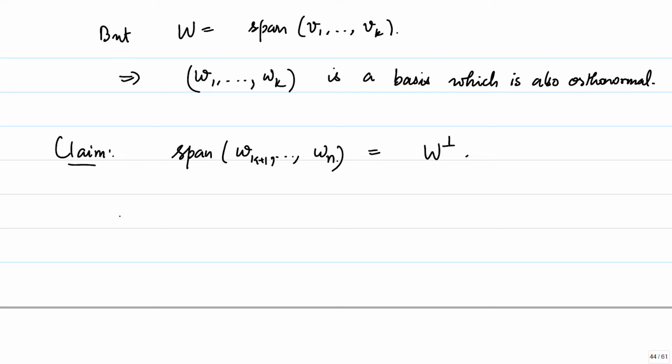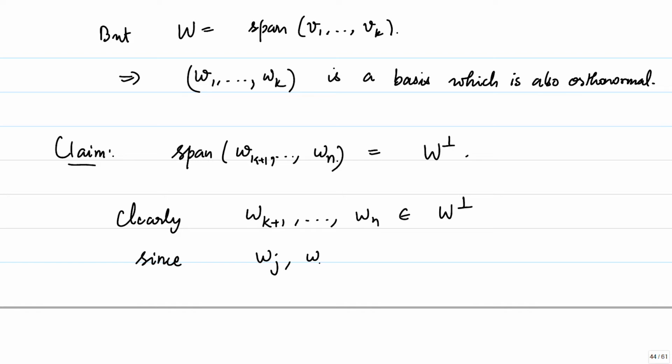So, clearly, each of the vectors Wk plus 1 to Wn belongs to the orthogonal complement of W, since the inner product of Wj and Wi is equal to 0 for all i not equal to j.